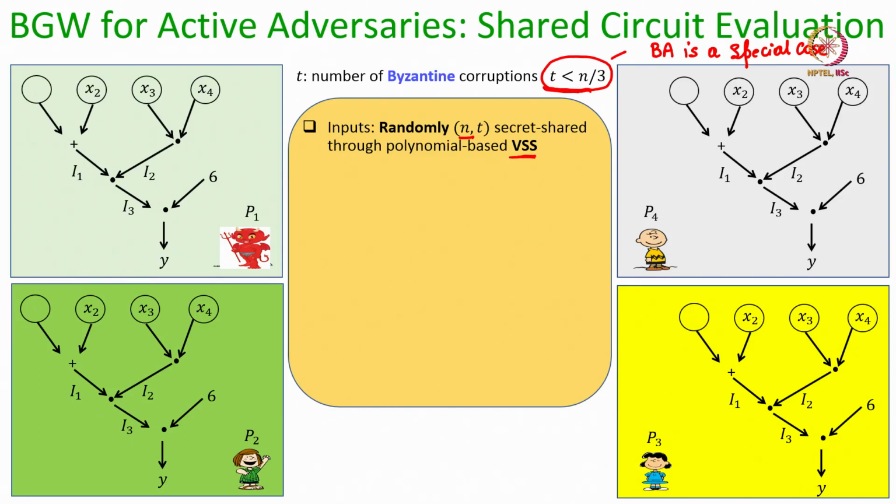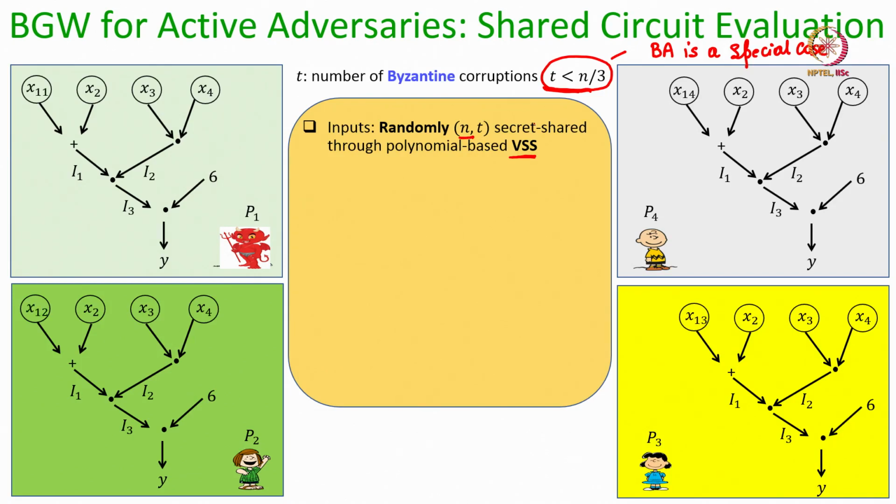Now each party is going to do the following. Say, for instance, we take the party P1, which owns the input x1. It can act as a dealer, take x1 as its secret, and run the sharing phase protocol for secret sharing the value x1 in a t-secret shared fashion.